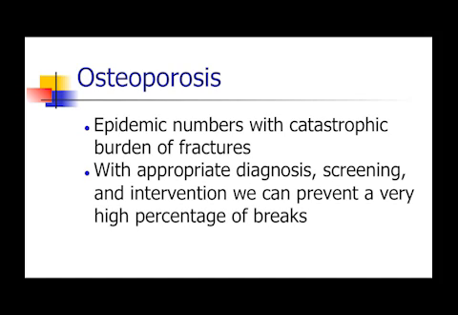I have one colleague who suggests that if we get people at the appropriate time with the aggressive interventions that we have available, we can prevent 85% of fractures. So we definitely need to be aggressive about this in primary care, family practice, internal medicine, geriatrics, and really consider screening everybody with a DEXA and a history and physical.